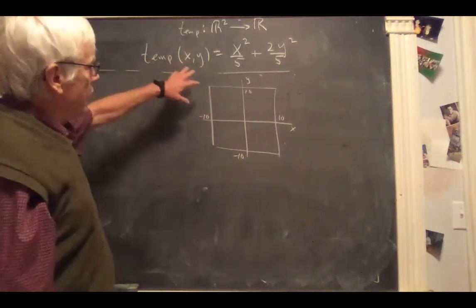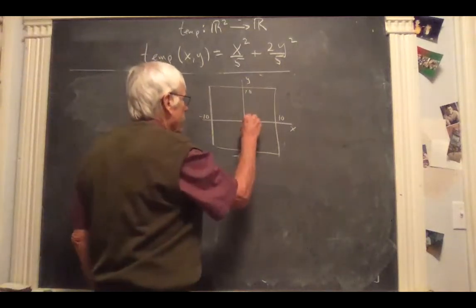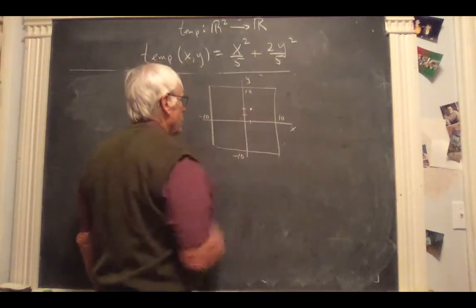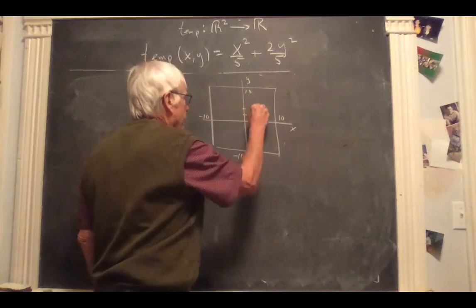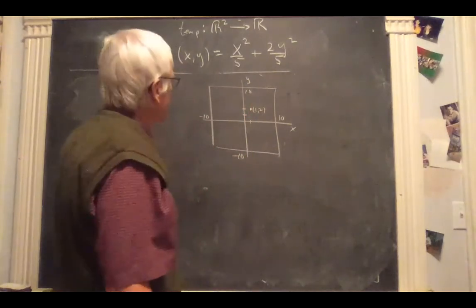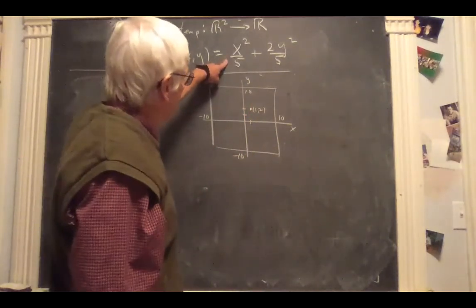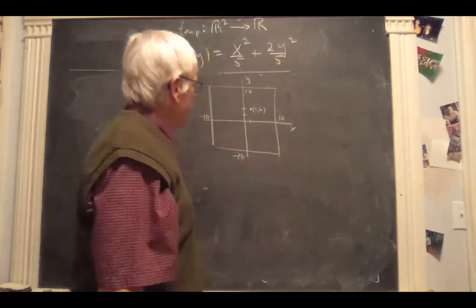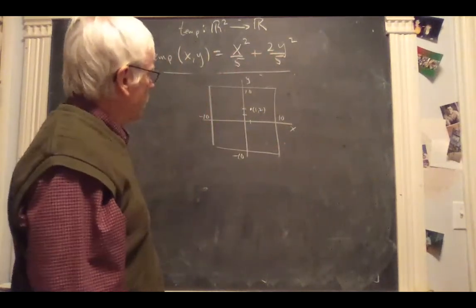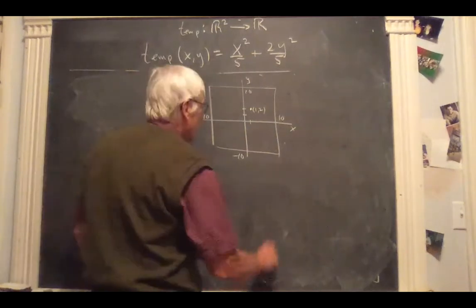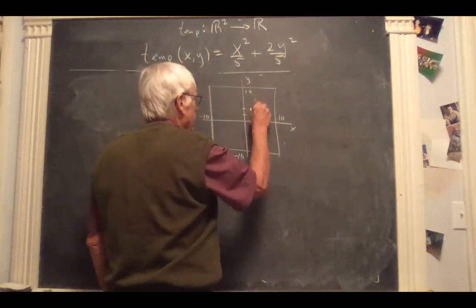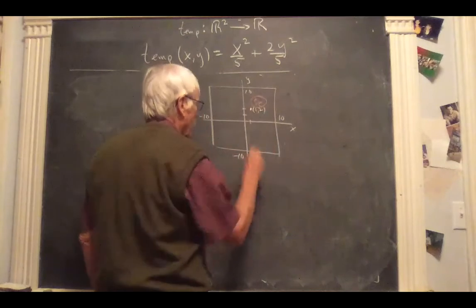And the temperature at any given point, like 1, 2, is given by this formula. So the temperature at 1, 2 is 1/5 plus 8/5, 9/5 is the temperature at 1, 2. So I'll put that in red here, meaning that that's the temp at that point.